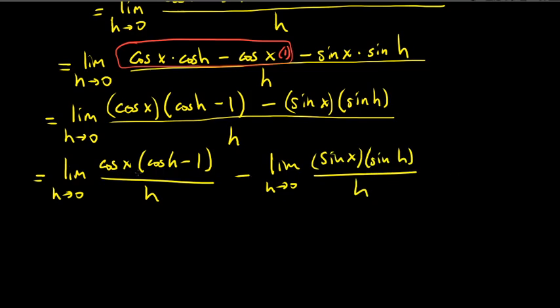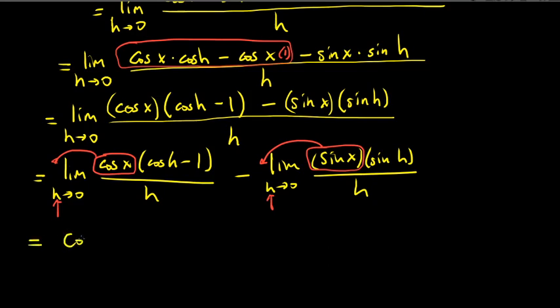Now keep in mind that the variable here is not x, it's h. We're taking the limit as h goes to 0, which means the cosine of x is independent of h. The cosine of x is like a constant. Same thing with the sine of x. So I can pull those outside the limits because they don't depend on h.